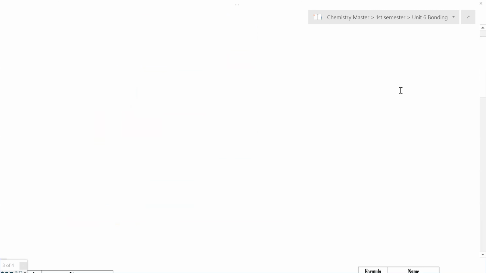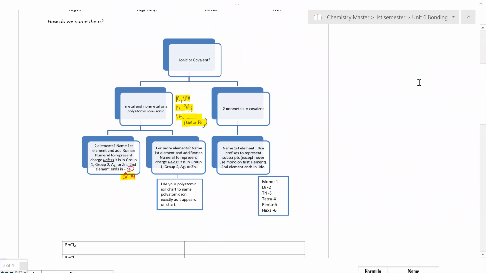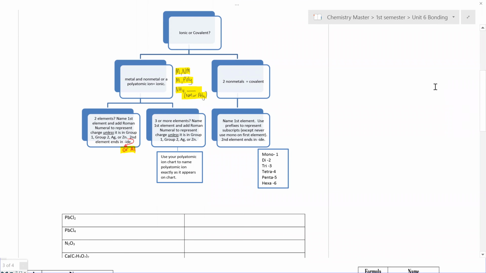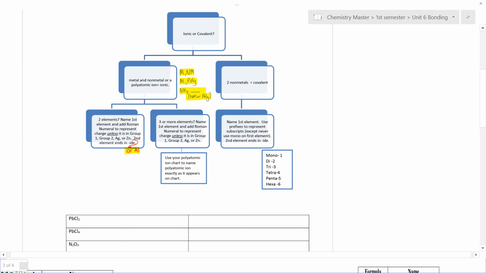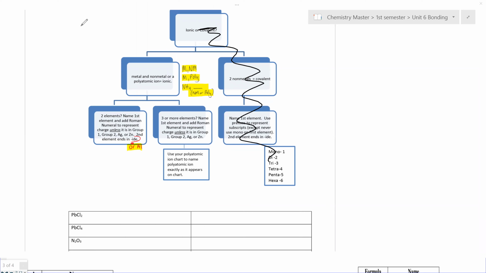Same thing, we're only focusing on the ionic side. We're talking about how we name them. Don't look at the covalent side.